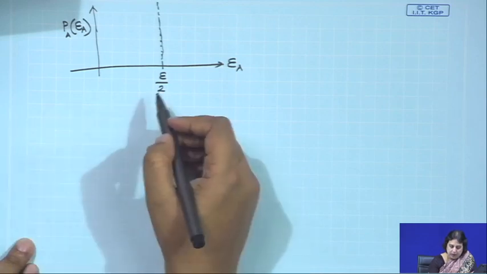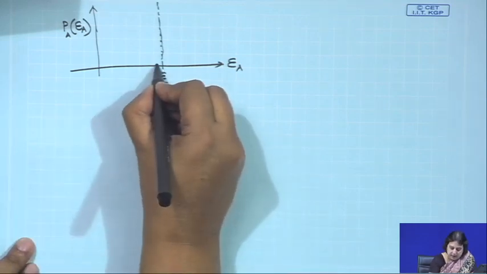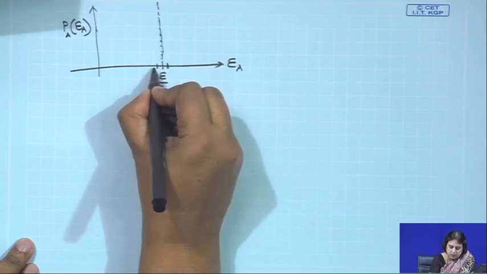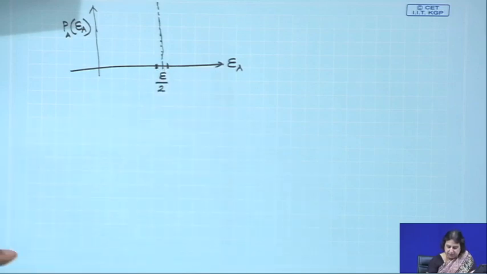Okay. Now, I am trying to look at energies which are fairly close to this maximum energy value epsilon by 2.